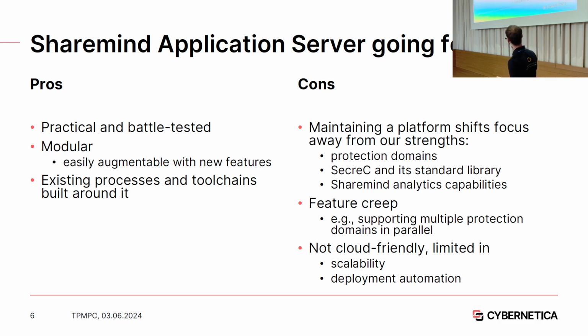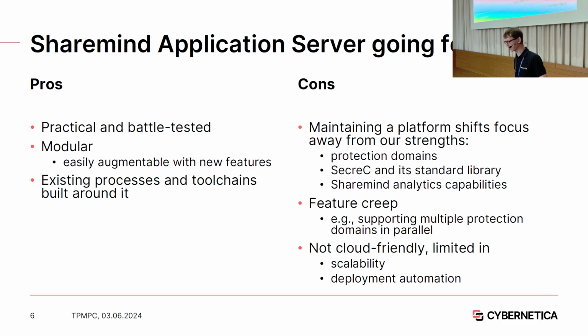So we would like to develop new protection domains, so do crypto and MPC, the actual core MPC. We have the secrecy language that is open source, by the way, and its quite extensive standard library. So we want to put emphasis on that. And we really like our data analytics capabilities, also containing Rmind. So yeah, we would like to do these things, not so much the supporting stuff.